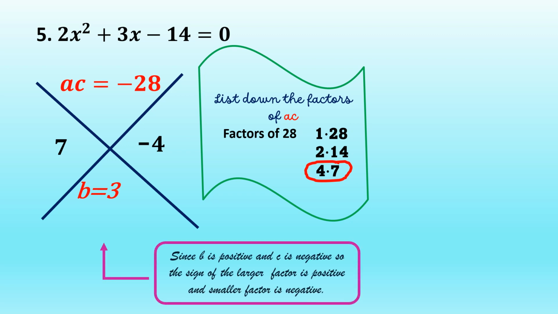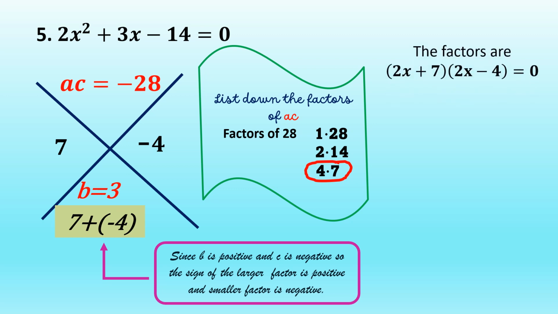Since b is positive and c is negative, the sign of the larger factor is positive and the smaller factor is negative. So we have 7 plus negative 4 is equal to positive 3. The factors are quantity 2x plus 7 times quantity 2x minus 4 equal to 0.